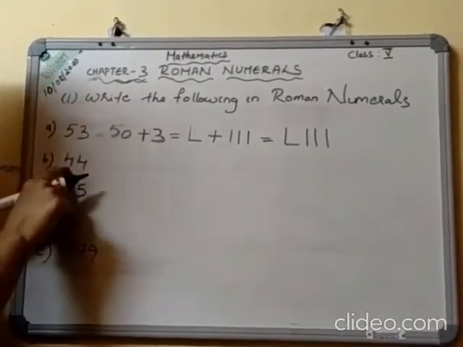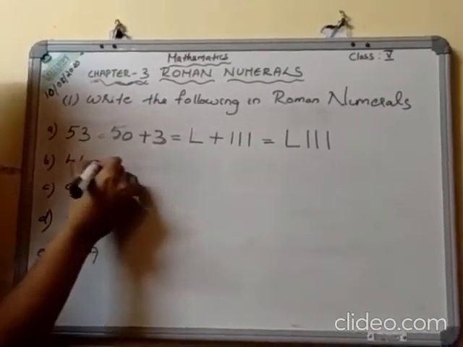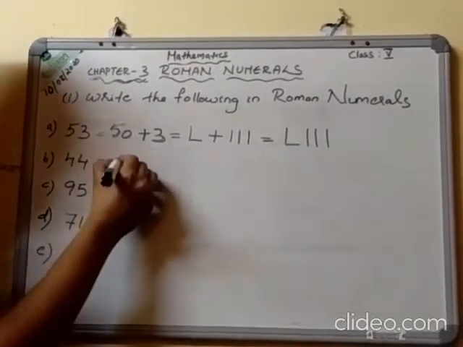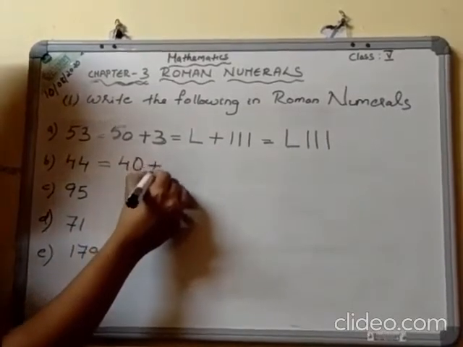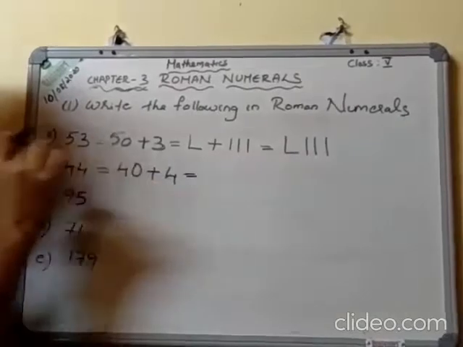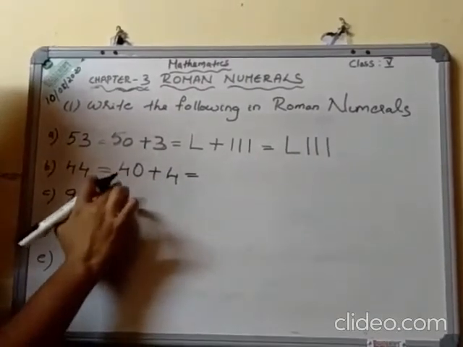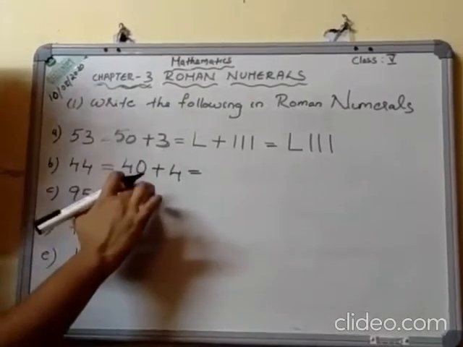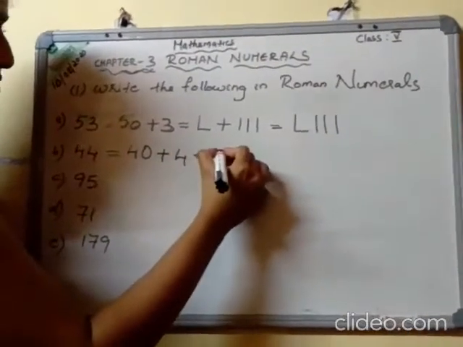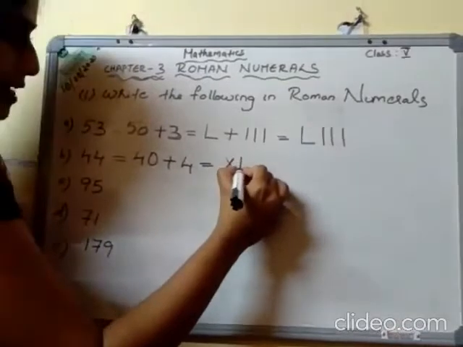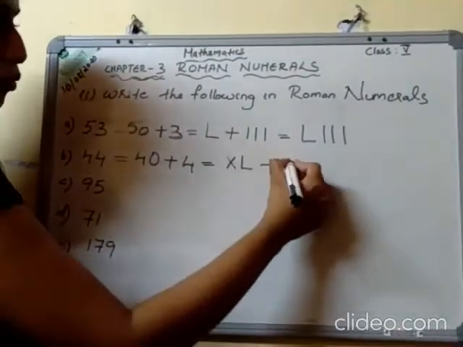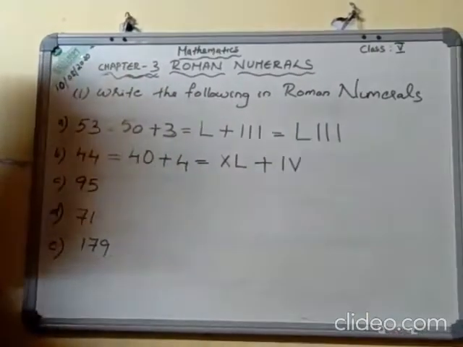Okay. Now see the next question. 44. How can we write 44? 44 can be written as 40 plus 4. And you know the Roman representation of 40. In the previous table, we have seen that 40 can be represented by XL, plus 4 can be represented by IV.